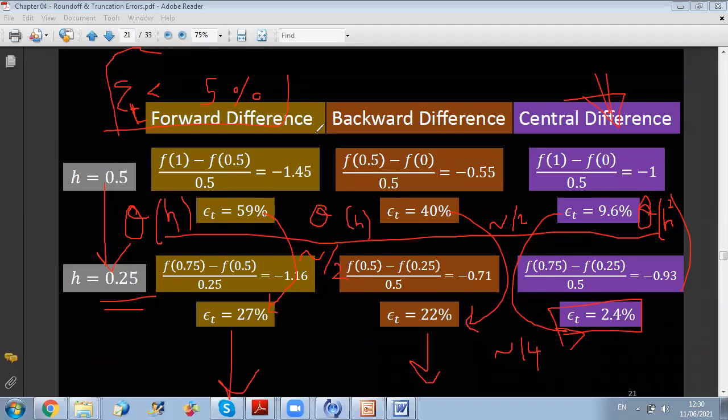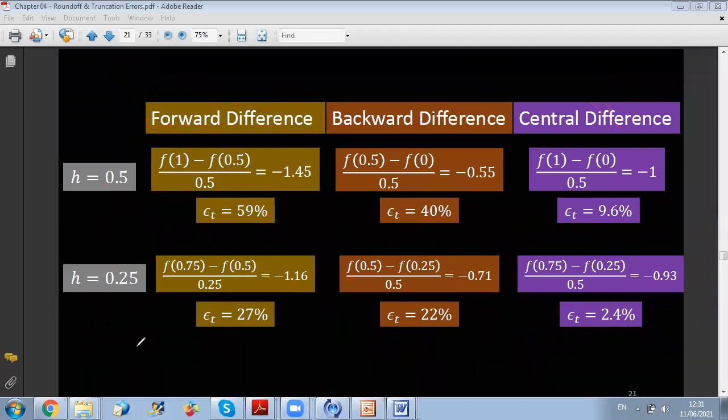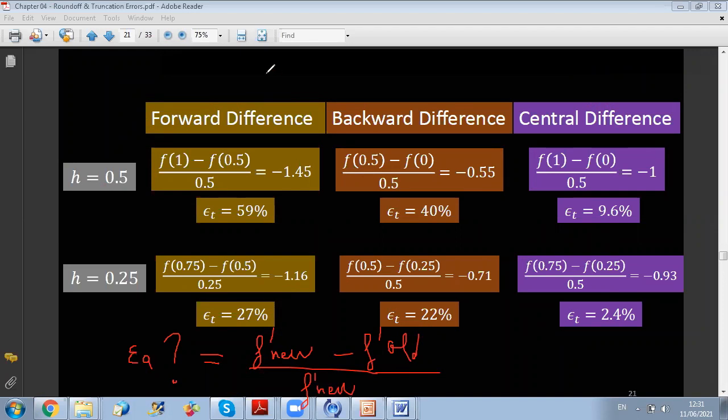Now, because you performed 2 iterations, I can ask you to calculate the approximate relative error. The technique is to take f prime at the new iteration minus f prime at the old iteration, over f prime at the new iteration. So for example, to assess the approximate error for the forward difference scheme, the new value is minus 1.16 and the old value is minus 1.45.